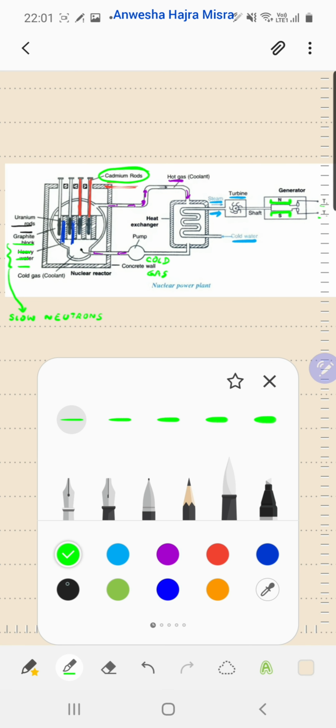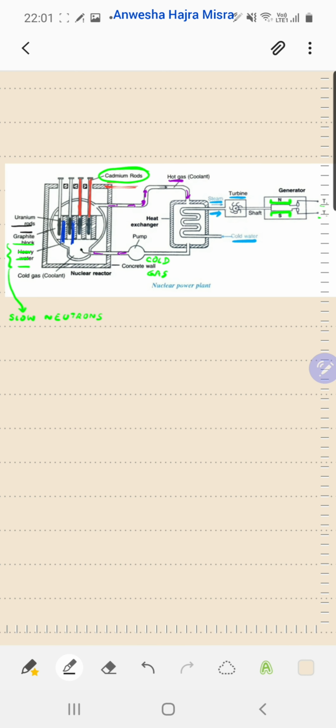Now, what are the advantages of using nuclear energy?